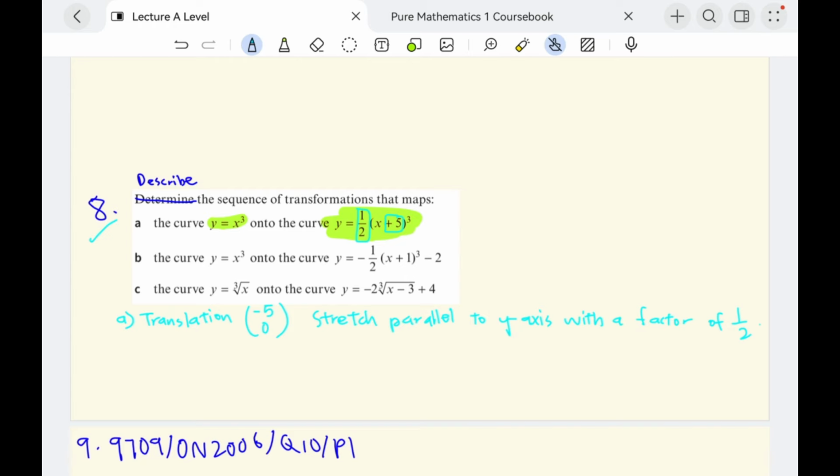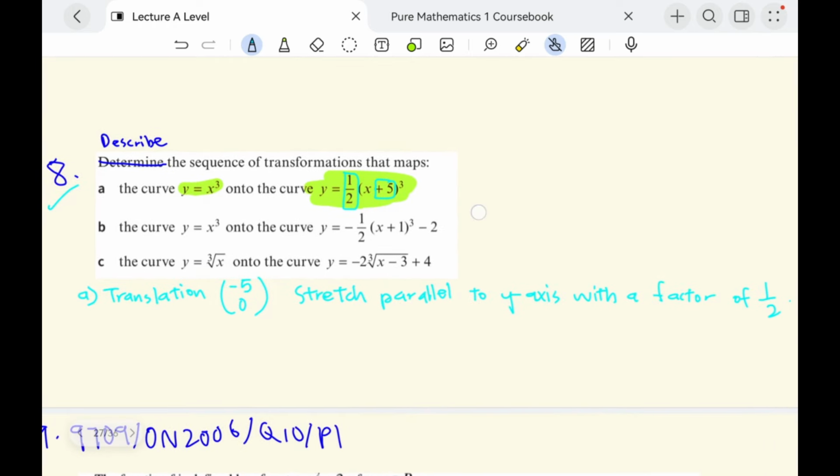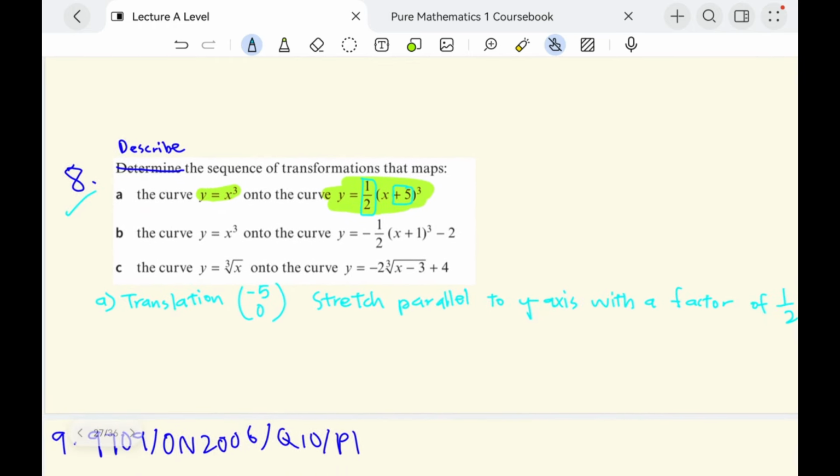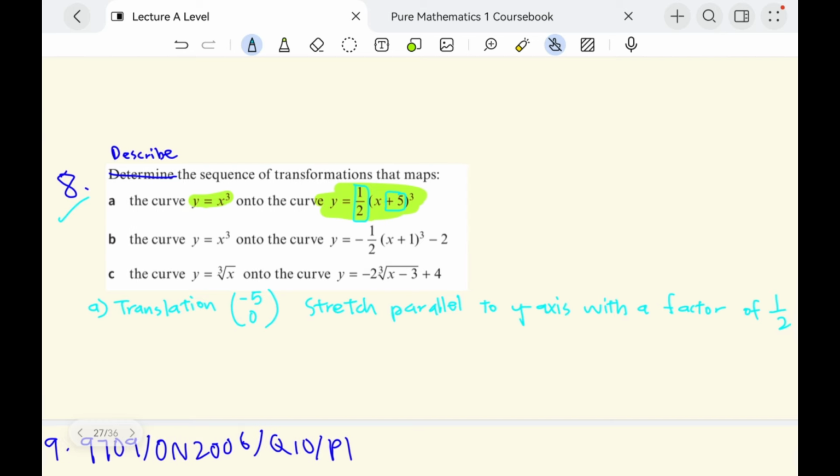Okay. Or you can swap the order, but with a different description you can also write the stretch parallel to the x-axis with the scale factor of one.